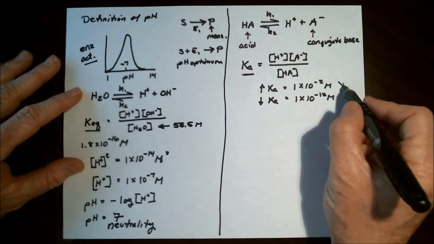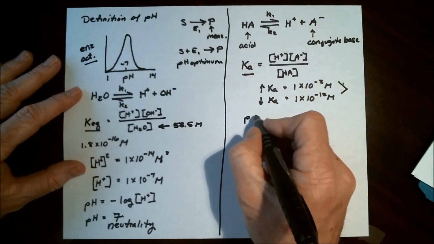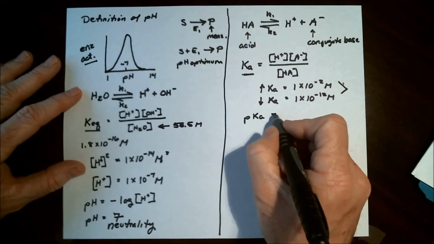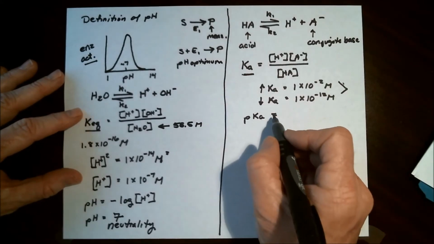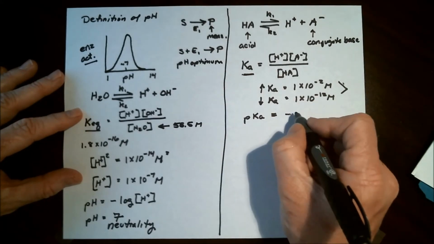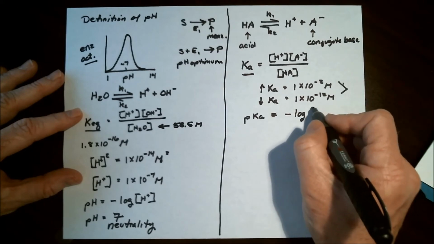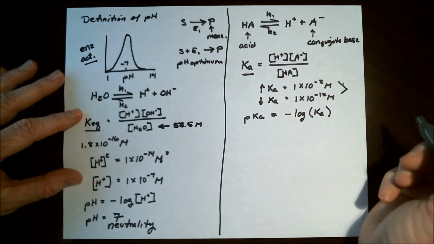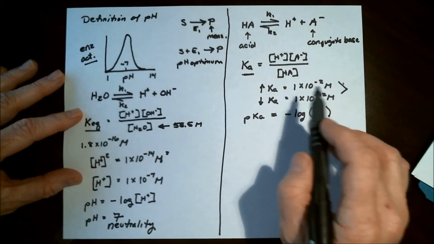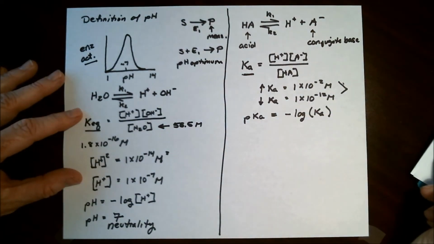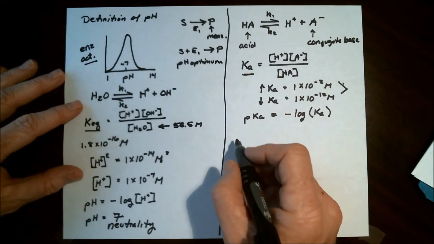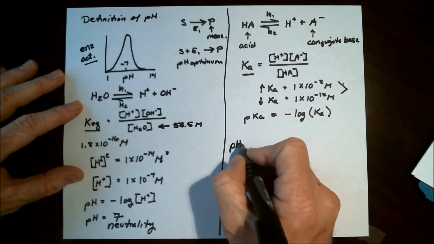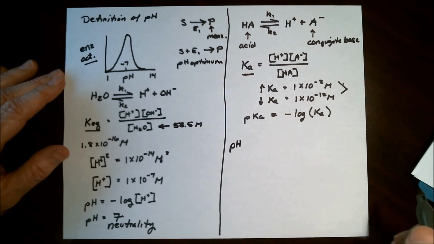Now, of course, we have our exponents here, so we want to get rid of those, to make our calculations easier. So as we do in water with calculating pH, we're going to identify pKa, and this is going to be the negative log of the Ka. And all this essentially does is convert the exponent into a whole number. Now, what's really important about all of these calculations is that we want to determine the pH of a solution of acid.